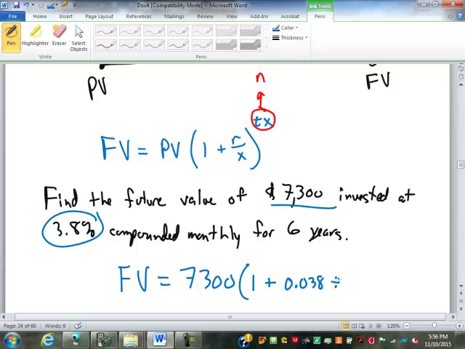Well, this is compounded monthly, so that's how many periods in a year? 12. If it was quarterly, it'd be 4. Semi-annually, it would be 2, and so on. So divided by 12 to the power of 6 times 12. 6 years times 12 periods in a year. So I'm just going to replace this with 72.